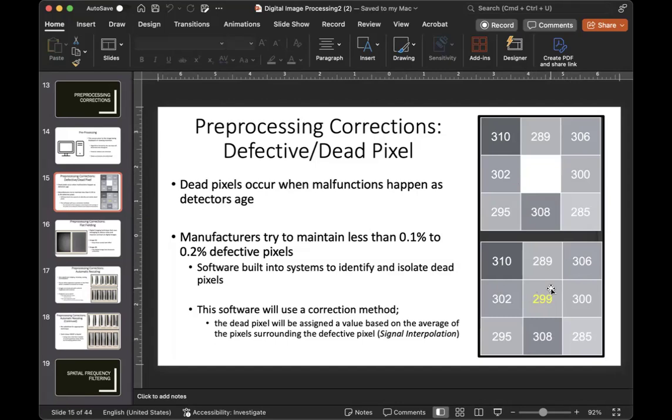That software correction is built into the system to allow us to identify and isolate those dead pixels, right? So that there's not just a white space where something shouldn't be. It's essentially also called signal interpolation, right? Interpolation basically means we're going to guess, right? We're going to make an educated guess, but we're going to guess what that value is based on what surrounds it.